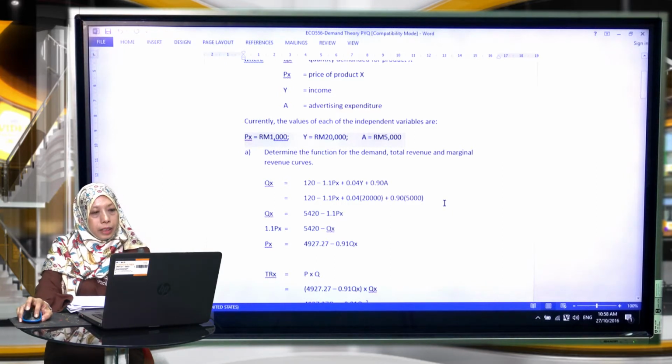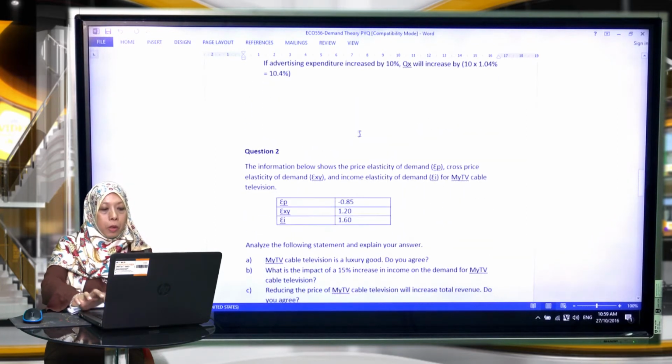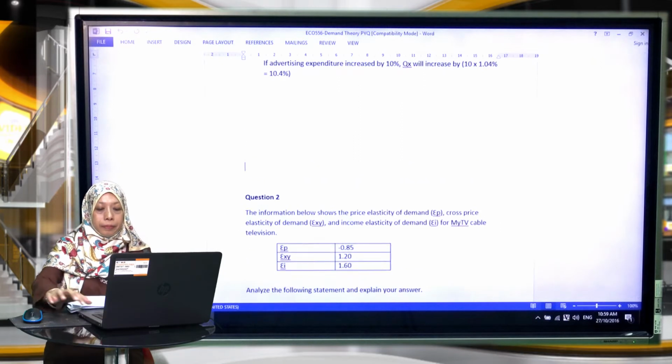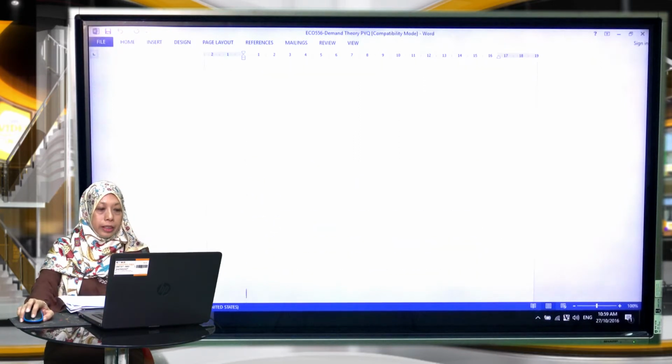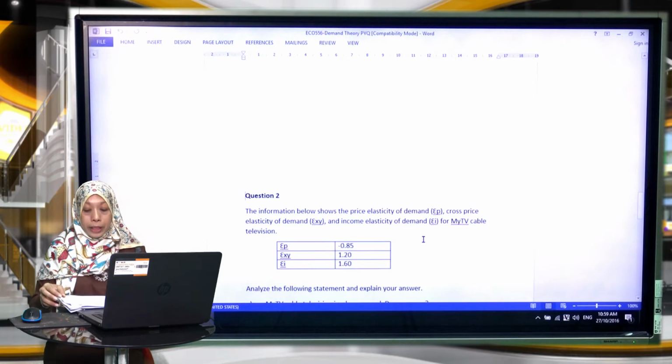Now let's try another question, but this is more of a conceptual question. It tests your understanding of the use of the elasticity of demand concept.